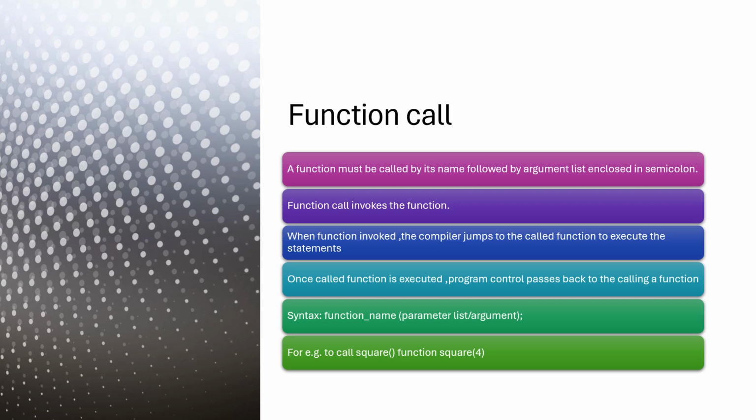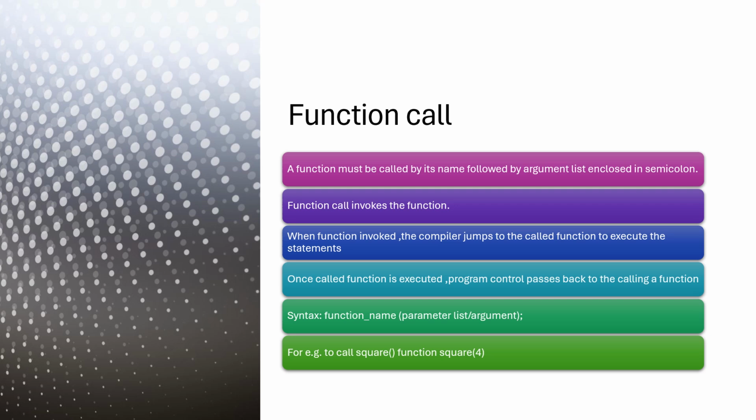So we declare in the argument list an integer a, comma, integer b. These are local variables used only inside the function.